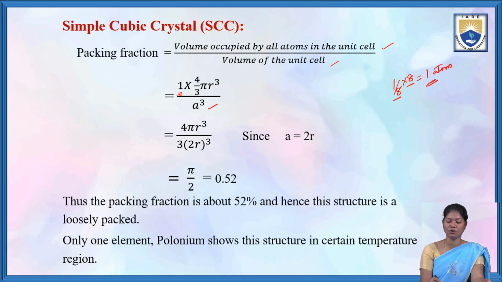So it is equal to 4 by 3 pi r cube divided by a cube.